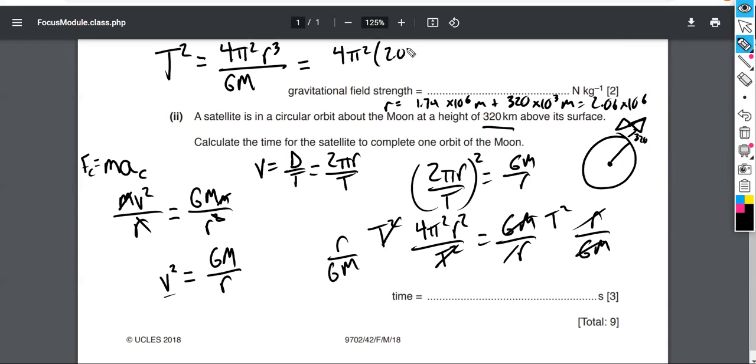And so r is 2.06 by 10 to the 6 meters. Don't forget to cube that in your numerator, divided by 6.67 by 10 to the minus 11. And then the mass of the moon is still 7.35 by 10 to the 22 kilograms.